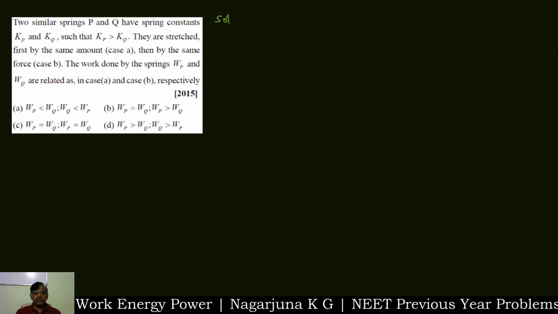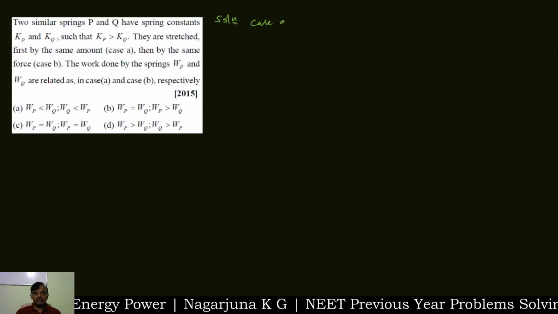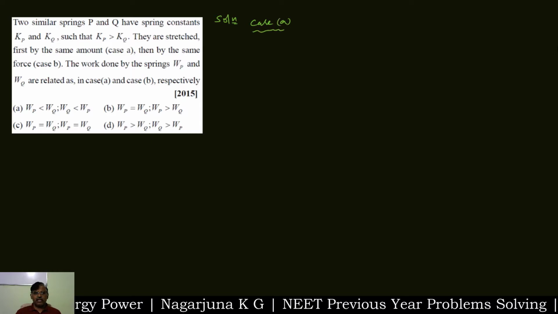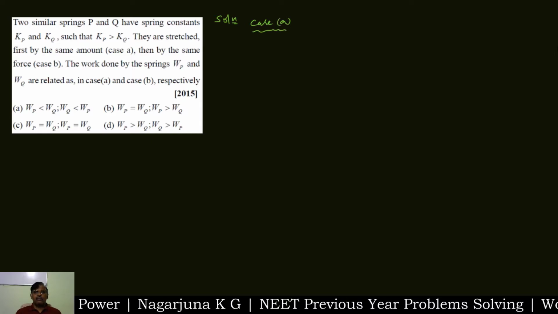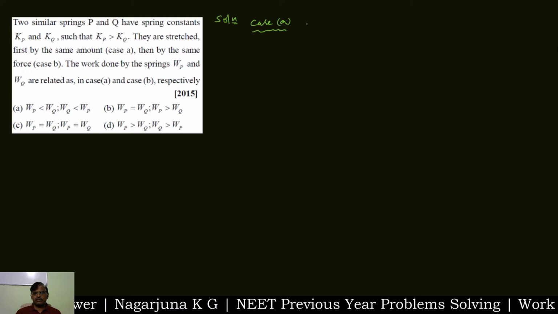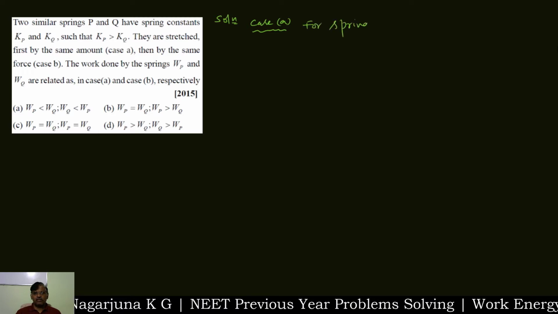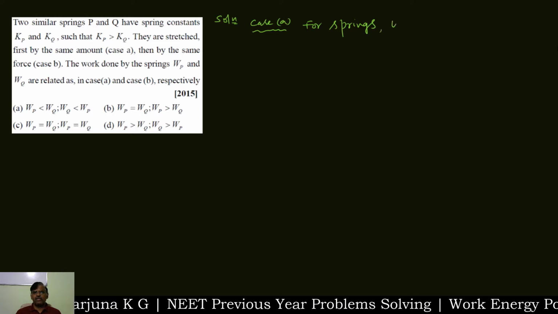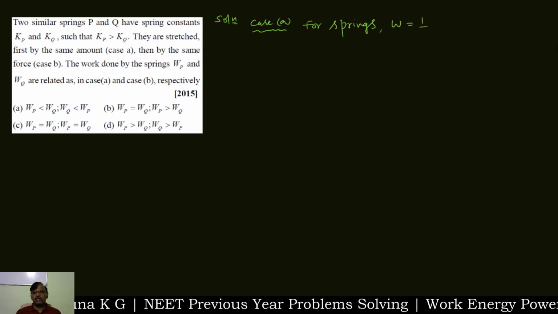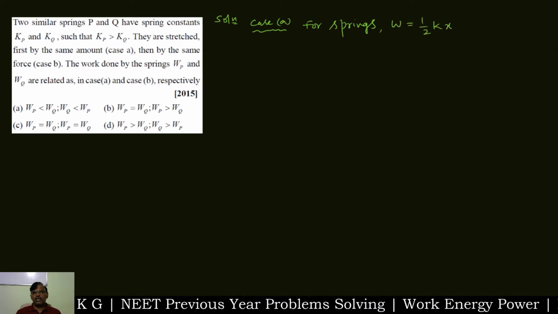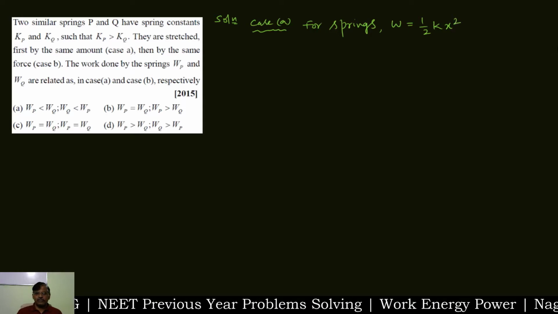Okay, the solution. In case A, for springs, we know that work done is equal to half k into x square.